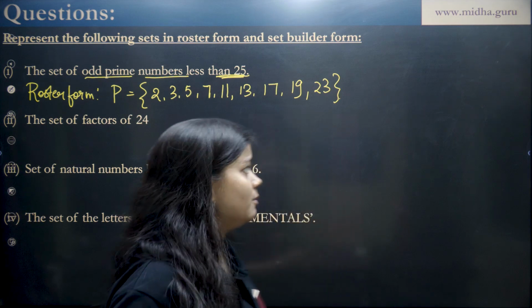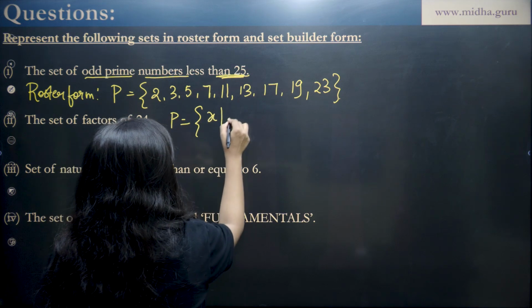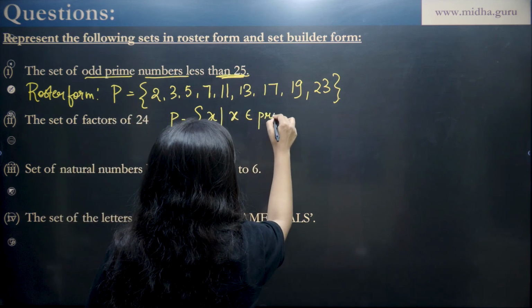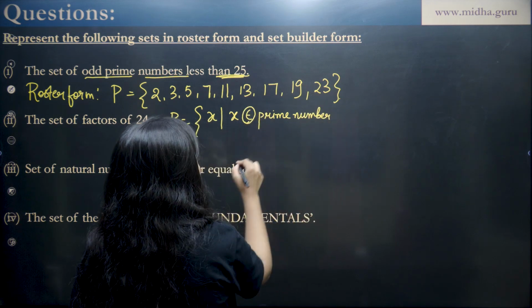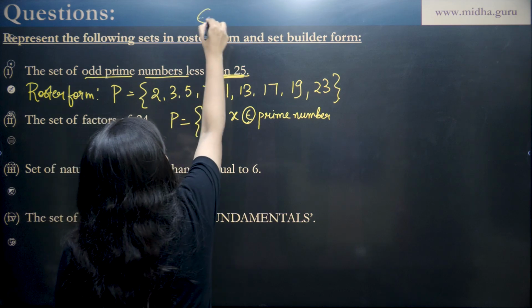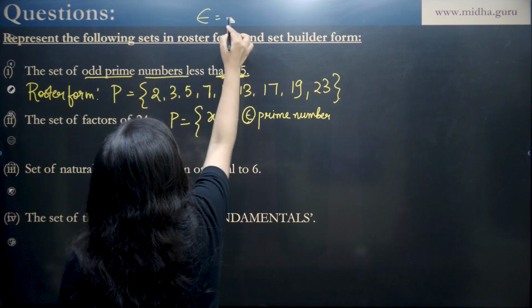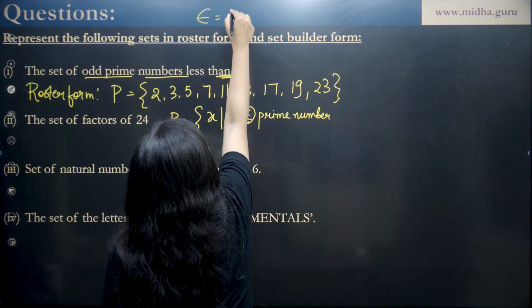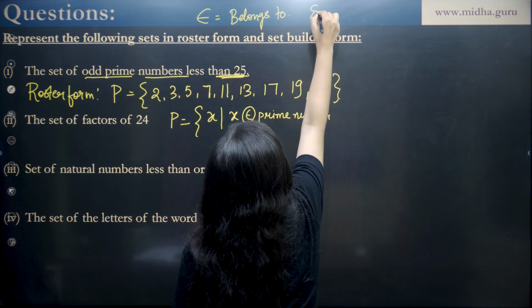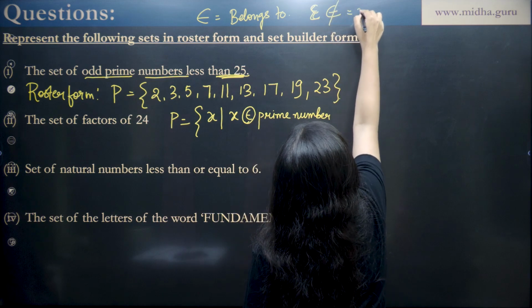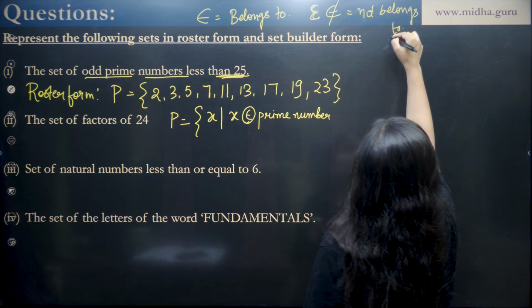Now in set builder form, we write P is x such that x belongs to prime number. This sign is belongs to, and this sign is not belongs to.